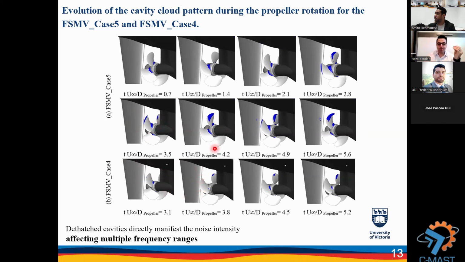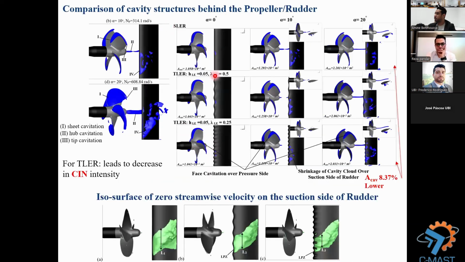Here you can see, for example, at higher rotational speed we have much higher sheet cavitation, hub cavitation, and also tip cavitation.